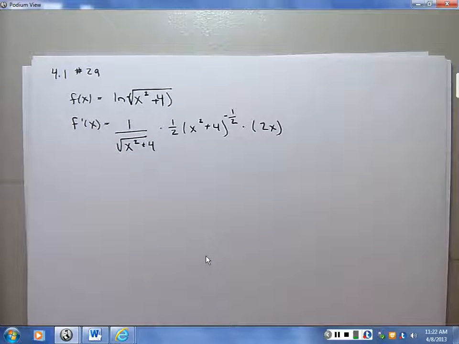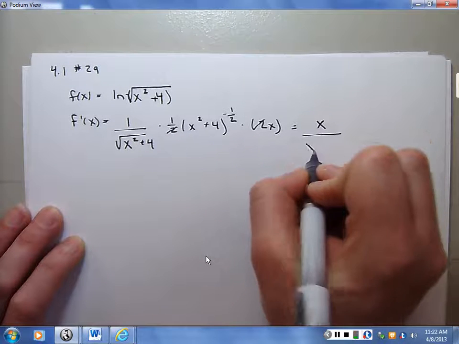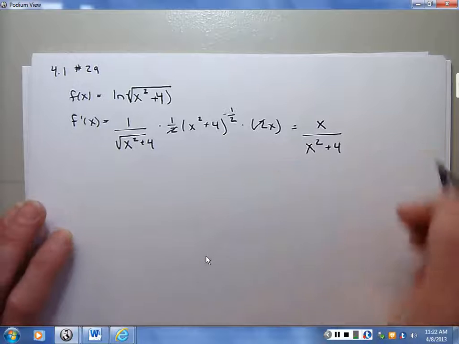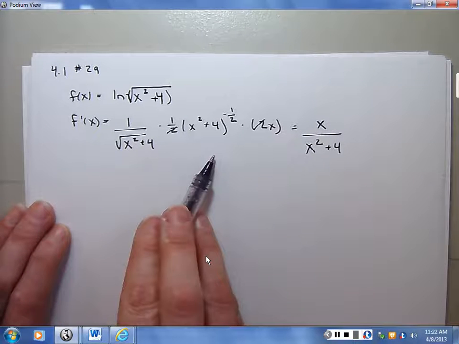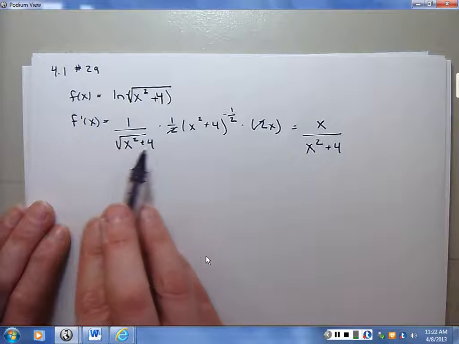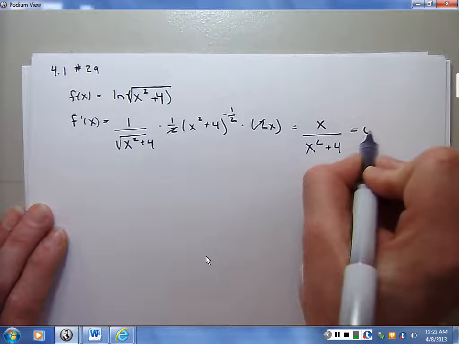Luckily, it simplifies quite nicely. It simplifies to x over x squared plus 4. Because this is x squared plus 4 to the minus 1/2, so it's really in the denominator. The square root of x squared plus 4 times the square root of x squared plus 4 is x squared plus 4. So when does this equal 0?